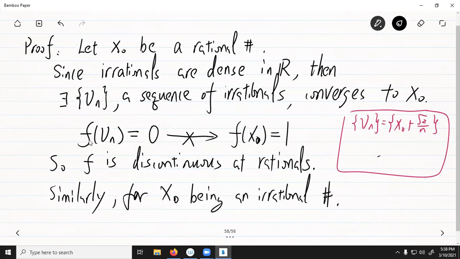But the f values of these rationals are equal to 1, so they do not converge to f of x naught, which is equal to 0. So this f is discontinuous at irrationals. Almost the same, just change the words to the opposite. When we talk about a similar way, we just change it a little bit and use the same idea.